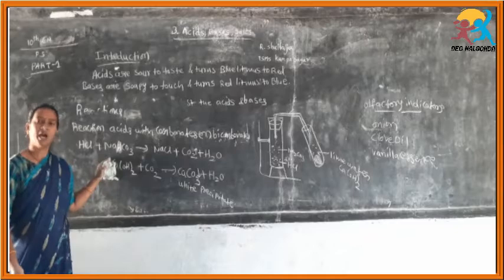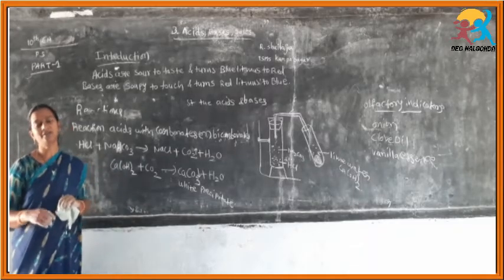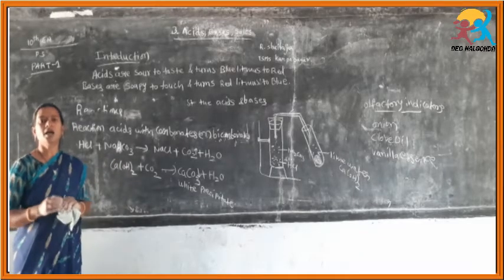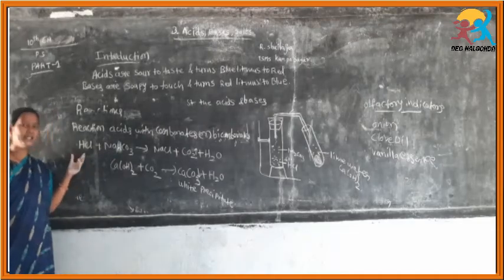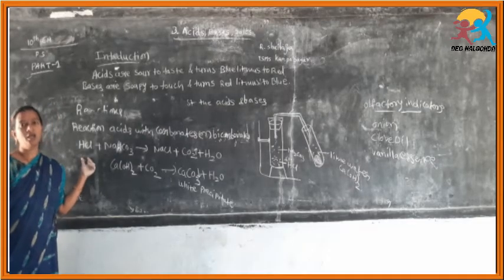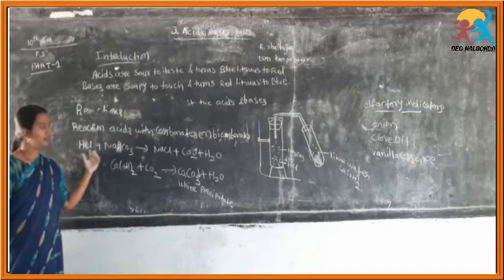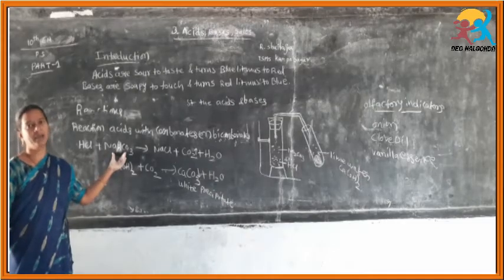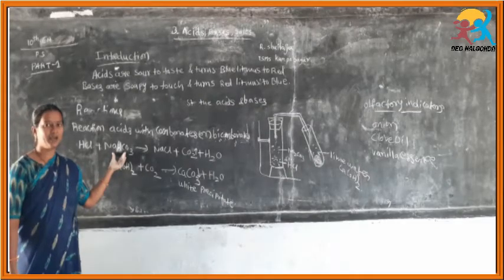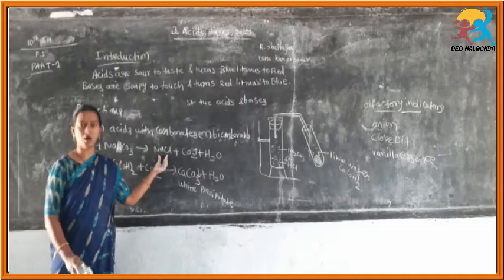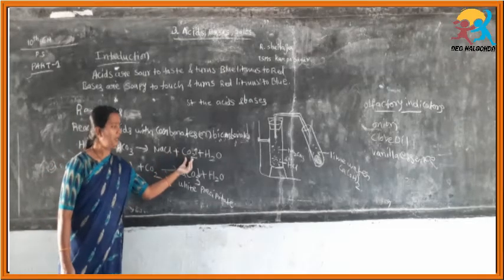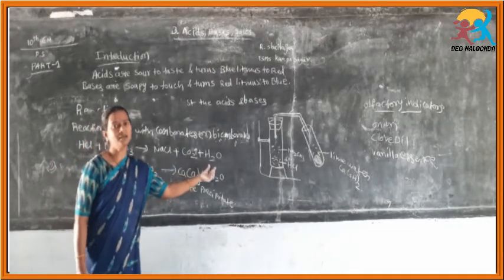Not only sodium carbonate, any metallic carbonate reacts with acids, not only HCl but maybe H2SO4 or HNO3. Any acid reacts with carbonates or bicarbonates and forms the corresponding salt, carbon dioxide and water.